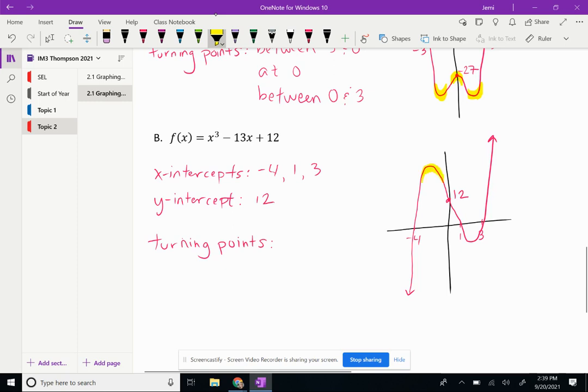So this first turning point occurs between -4 and 1. And the other one occurs between 1 and 3. Just a general idea of where that happens.